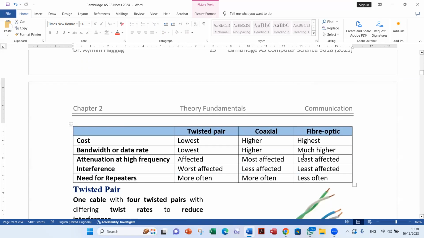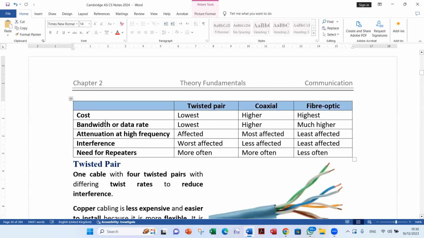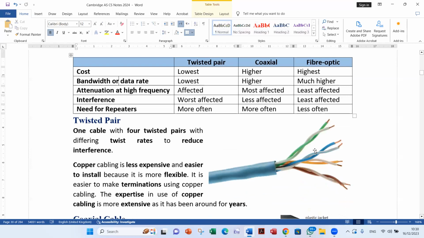Below are some comparisons of bandwidth. Twisted pair bandwidth is low. Coaxial is higher. Fiber much higher. The cost of twisted pair is low. Coaxial is higher, and fiber is very expensive.